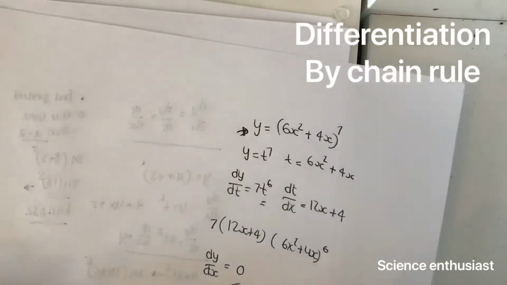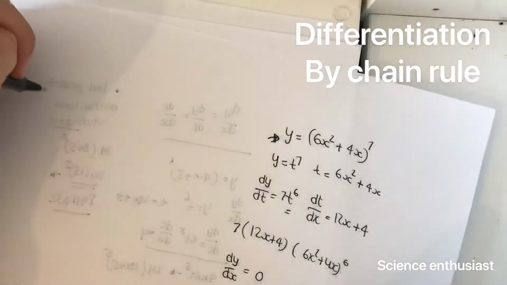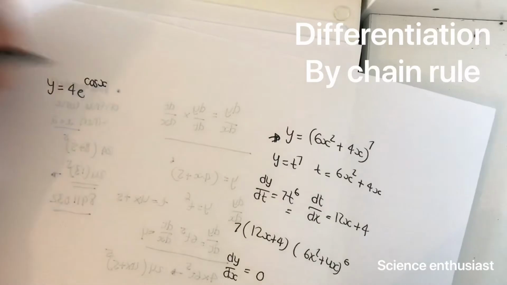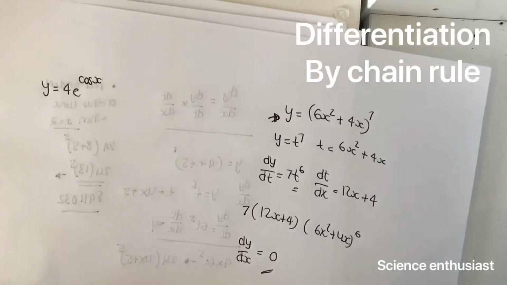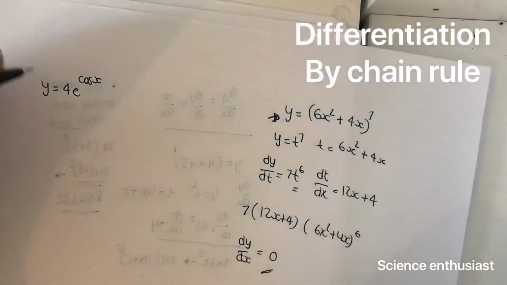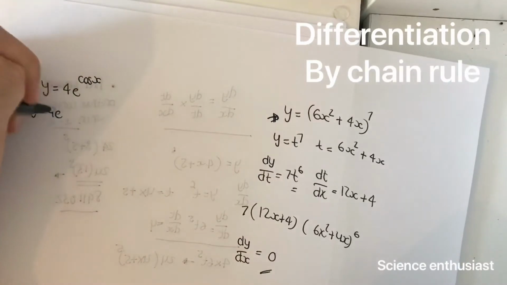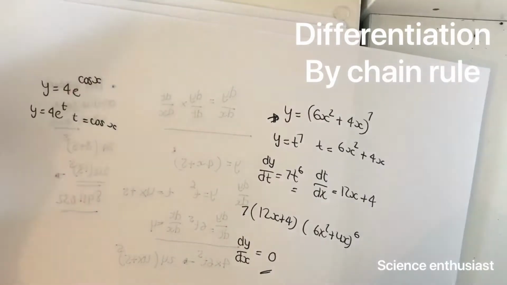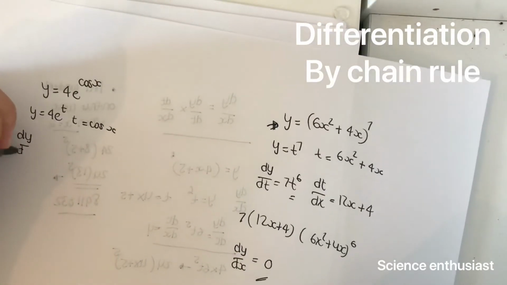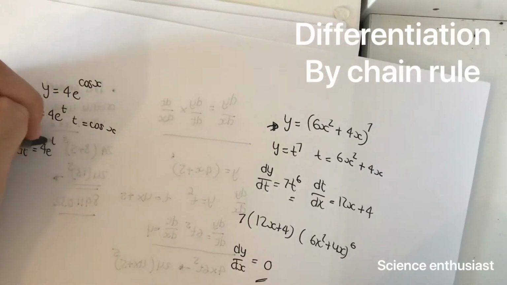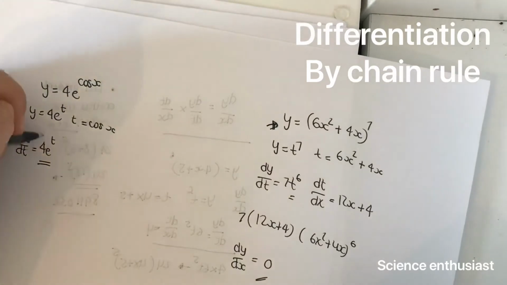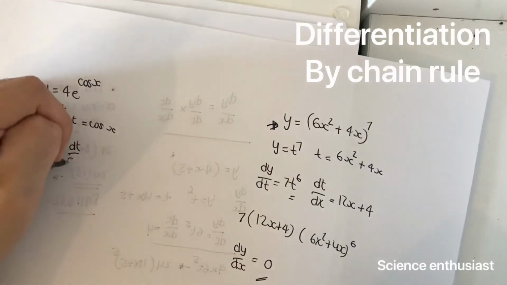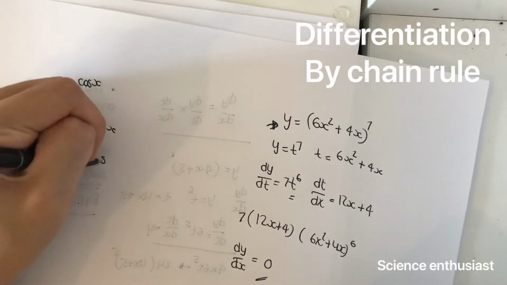Now we can try another question. How about if we try this one in terms of e? So if we say y equals 4e to the power of t, and we know that t equals cos of x, dy over dt would be 4e to the t, because by normal differentiation rules this would just be that, and dt over dx would be minus sine of x.